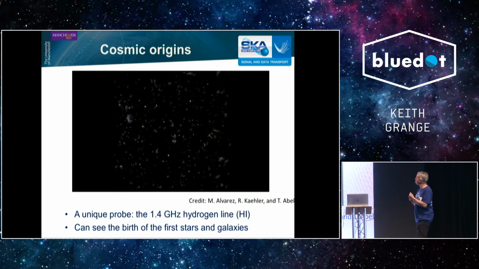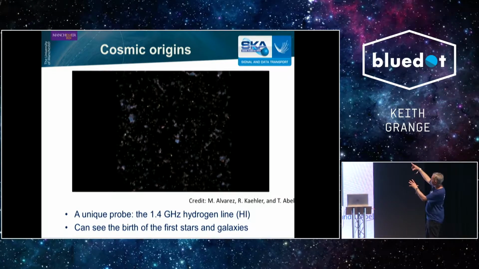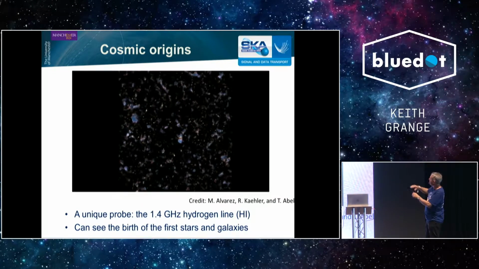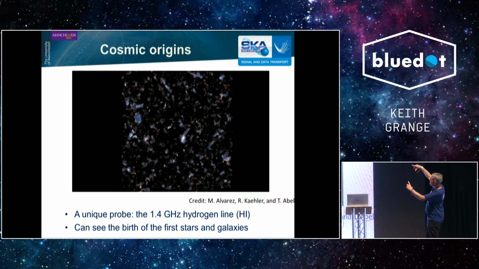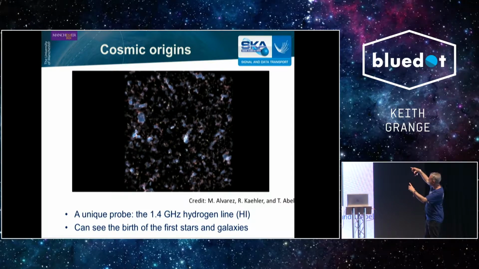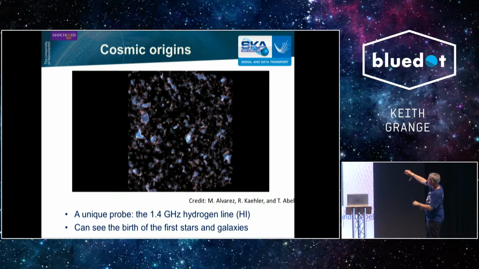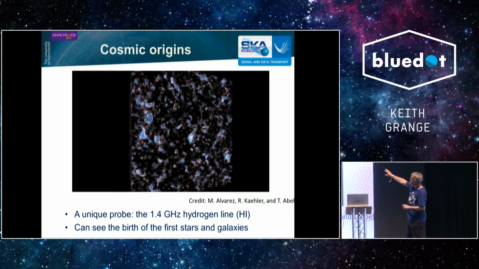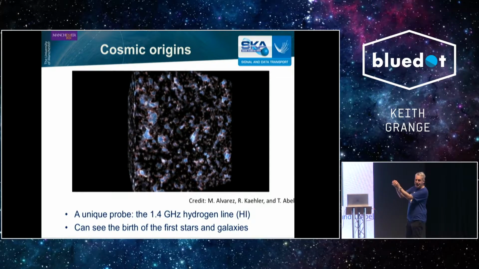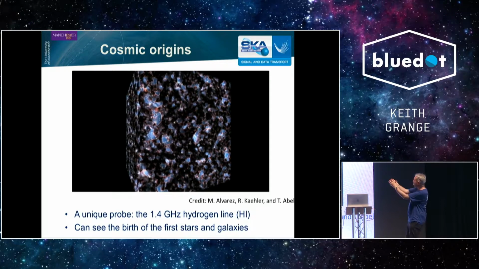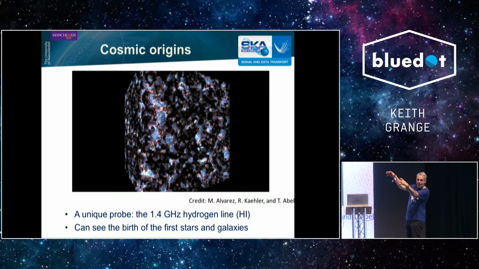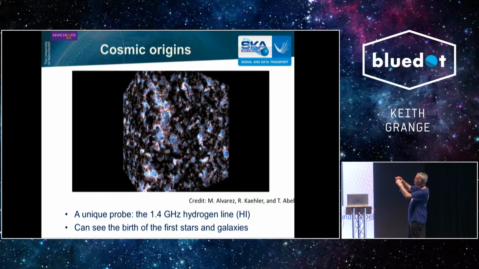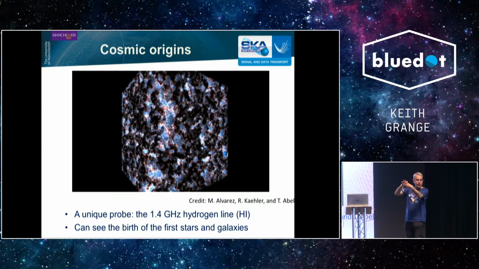Secondly, we're going to be able to look for the very first stars in the universe. So what this animation shows here is a cube of the very early universe, about 100 million years old, filled with hydrogen. And the very first stars you can see being born, and those are now actually kind of blowing bubbles as they turn on by ionizing the hydrogen around them.